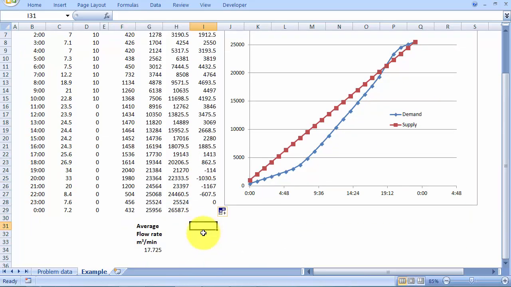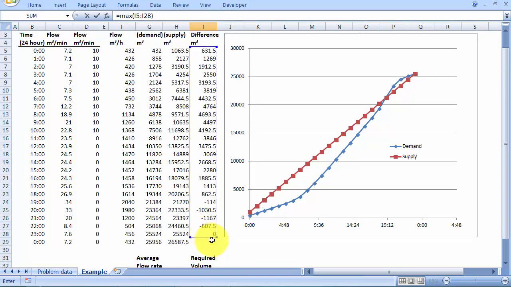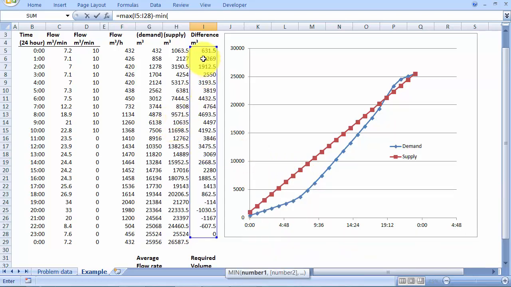If we wanted to work out the total required volume in meters cubed, we could take the maximum value found anywhere in this column, which is going to be a large positive number, one of these 4,000-ish values corresponding to that region, and we can subtract from that the minimum value found in the column.